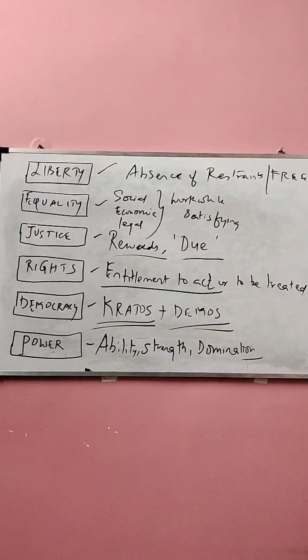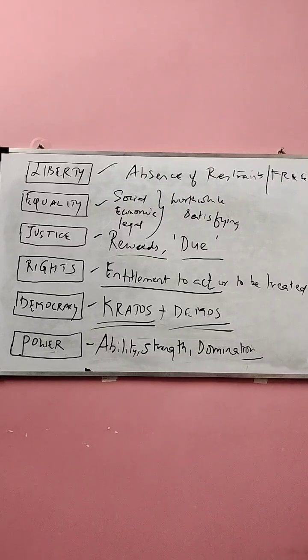Power refers to the ability of an individual or a group to enforce their will on others. If a person is able to achieve his or her interest, even in the face of resistance by other individuals, then he or she is said to possess power. This is the view of scholars regarding power.